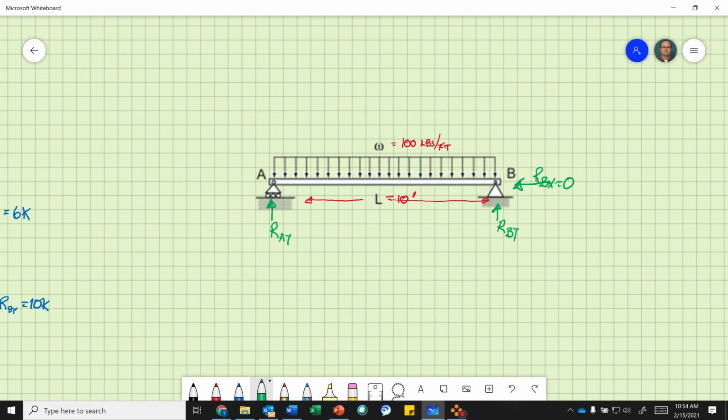So step 1 is solve reactions. Remember the process, make sure everything's in x and y, and then convert any distributed loads into point loads. So if I look here, I have a distributed load.